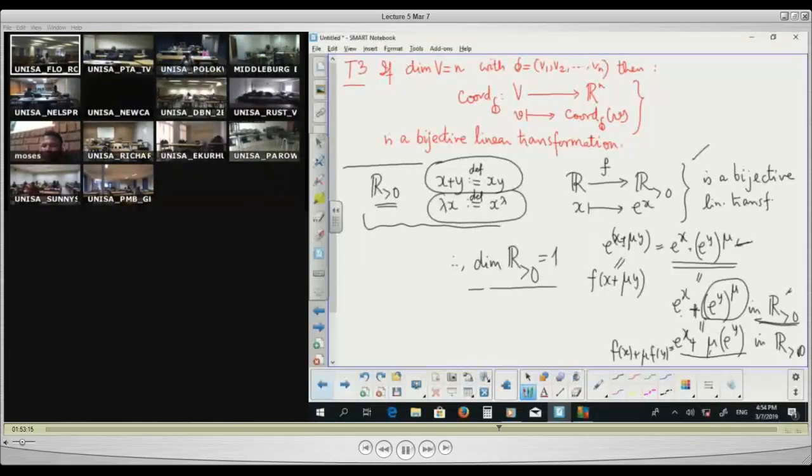And this means the scalar multiplication in this vector space. Right. Okay? Yes, sir. Thank you. Okay. Good.